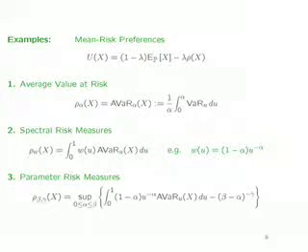Okay, so the examples that I'm going to look at are of this form. It's a convex combination of an expectation and a risk measure. Okay? So that's just a small modification of mean variance.